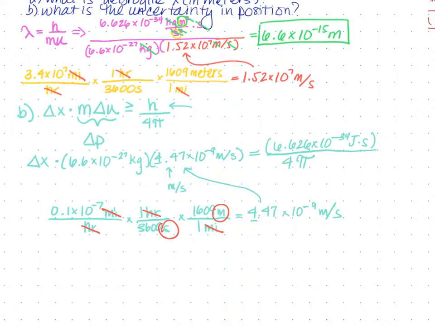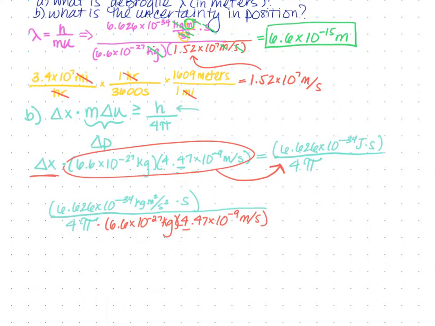If I divide this over here, then I can get delta x, the uncertainty in position, by itself. When I set this up, I have the following. I expanded what a joule is, so I have kilograms meter squared per second squared times second over 4 pi, times the mass, times the uncertainty in the speed.